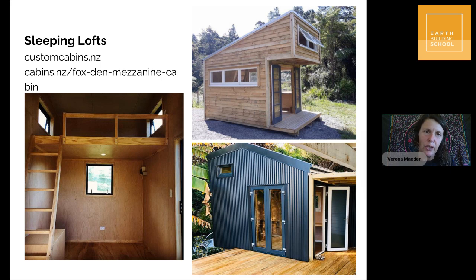One thing I can see too is that it will probably be really nice for ventilation because the hot air rises, and sometimes overheating is an issue in these small cabins. So the hot air can escape at the highest point of the building.